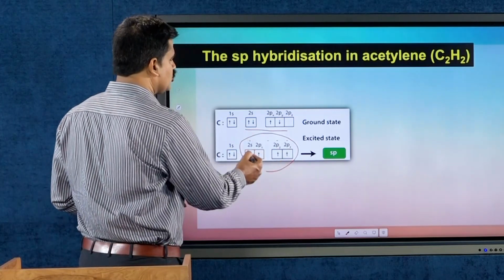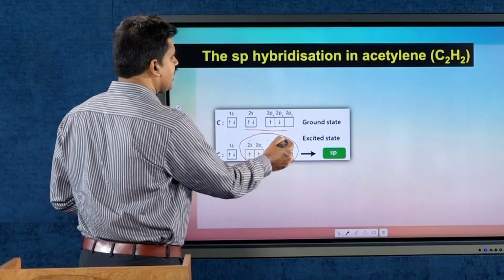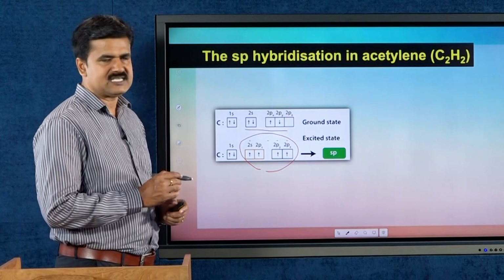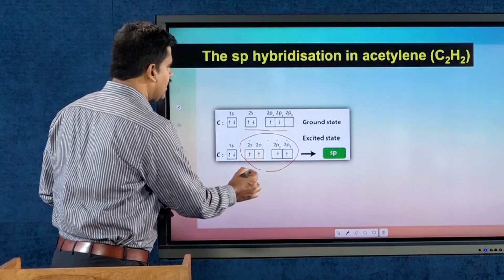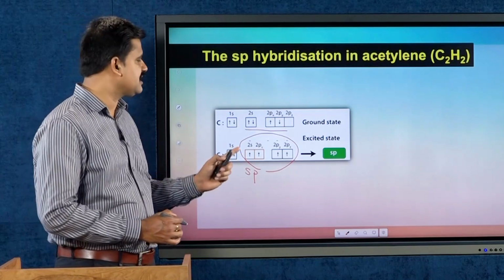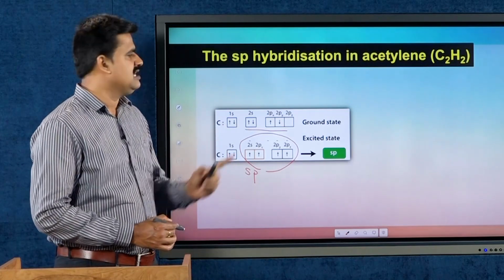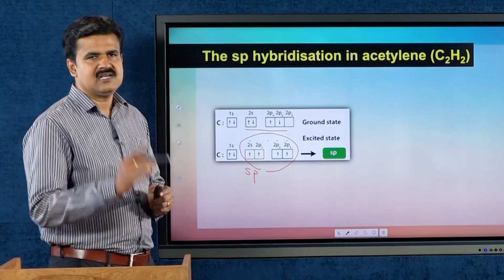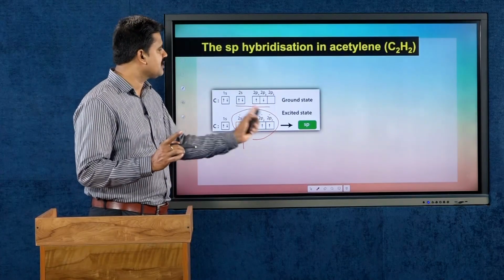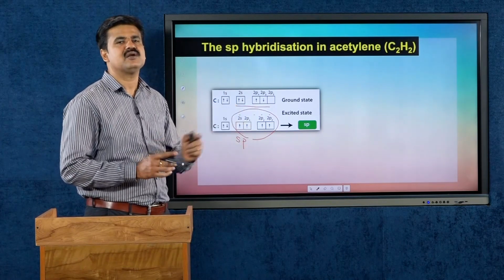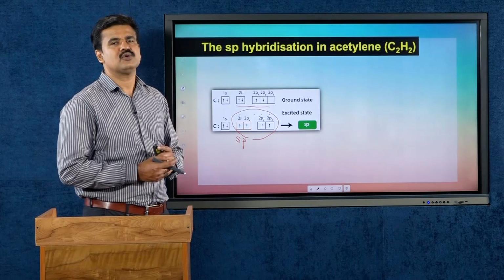This is 2s, 2px1, 2py1 and 2pz1. Out of these four half-filled orbitals, one s orbital and one p orbital undergo hybridization. That is, you are getting sp hybridization. As a result, two sp hybrid orbitals are produced. Remember, there are two unhybridized half-filled p orbitals also present in each carbon of acetylene.